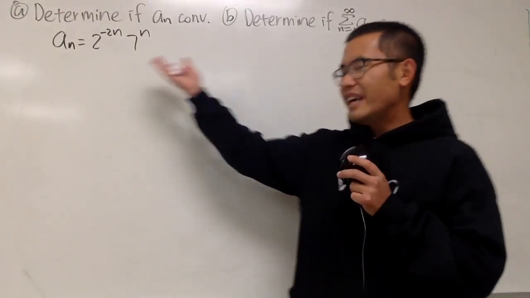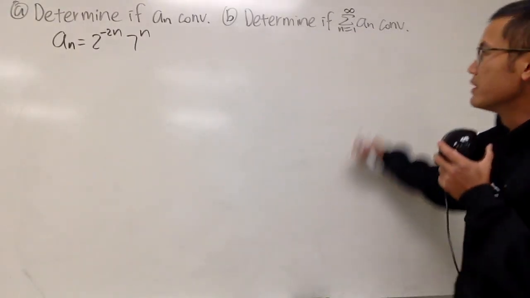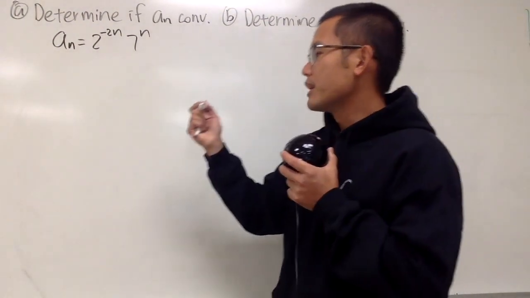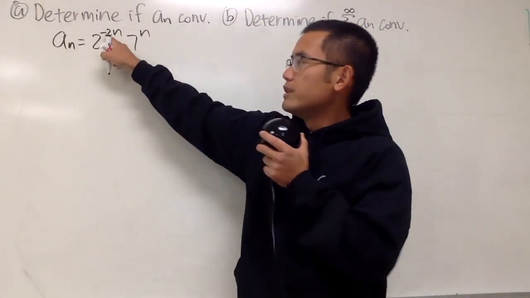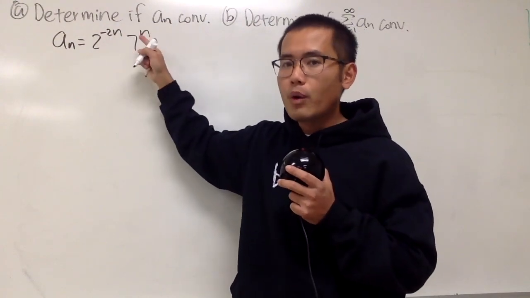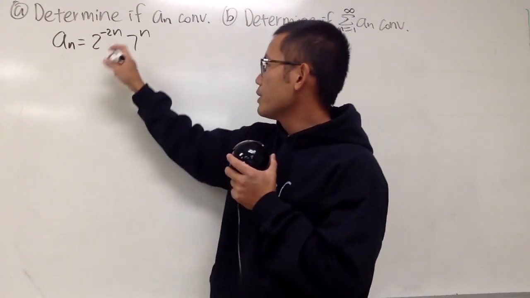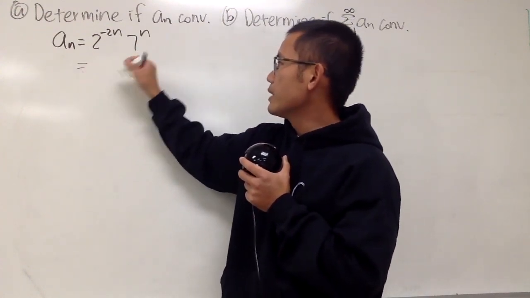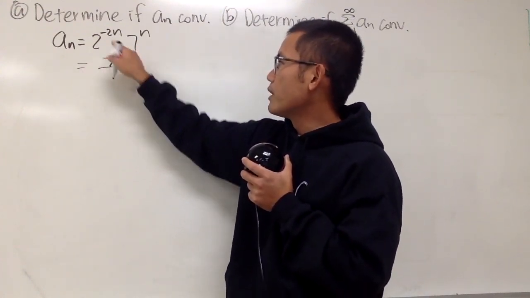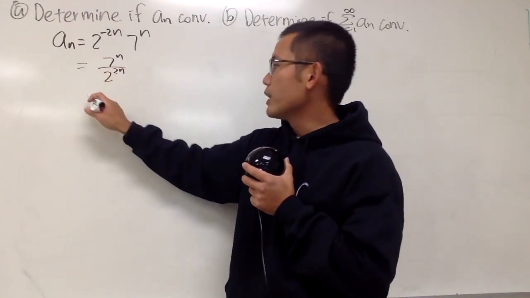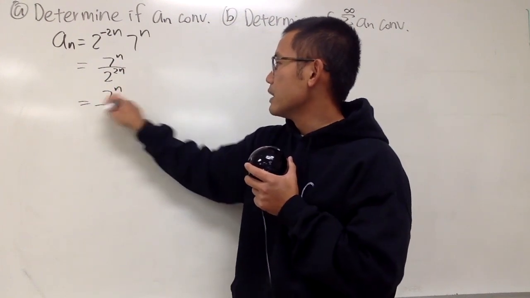Okay, we'll see if a_n converges or not, and then we'll see if the sum from 1 to infinity of a_n converges or not. So let's look at this right here. Notice that we have 2 to the negative 2n times 7 to the nth power, and it seems like we can just play around with the exponent real quick. So we can rewrite this as 7 to the nth power over, bringing this down, 2 to the 2nth power, and then we can look at the bottom as follows.